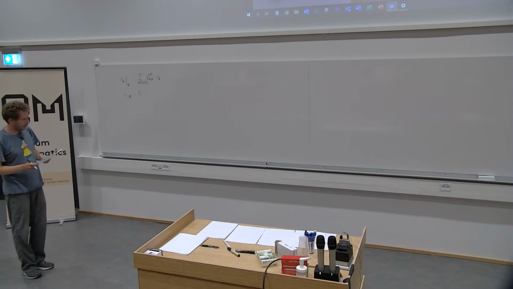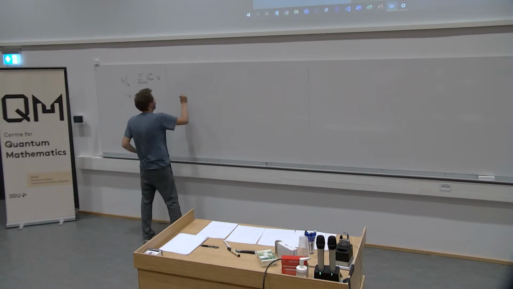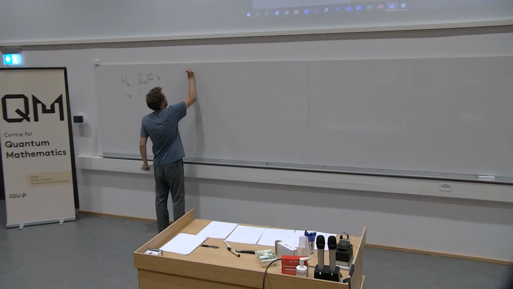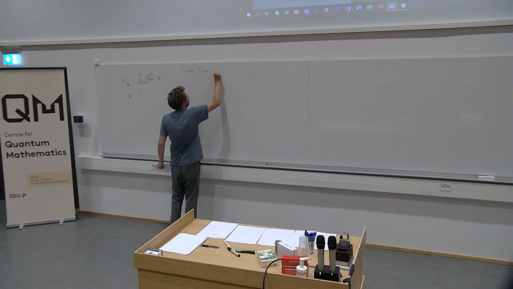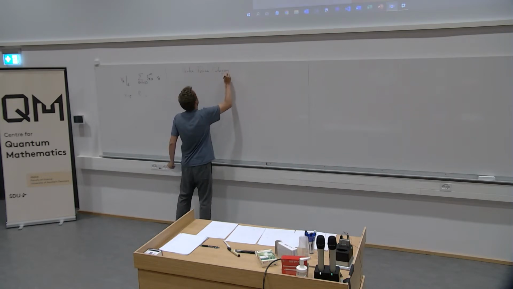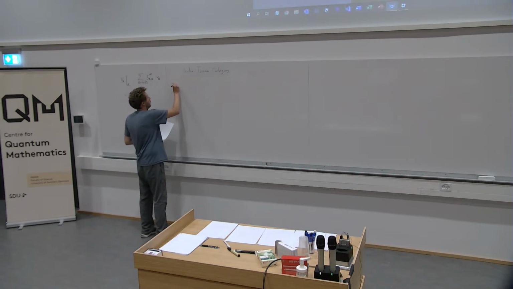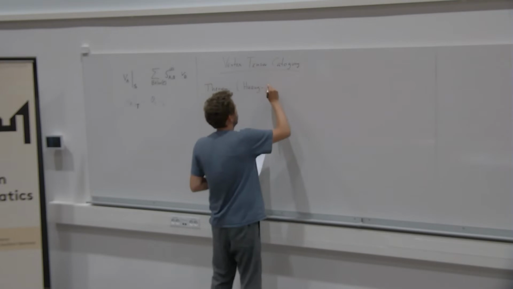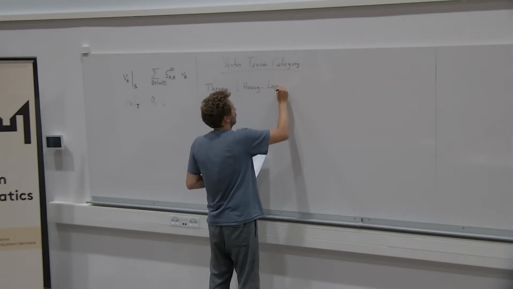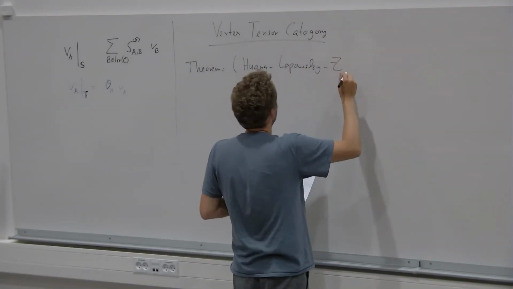Now the question is what does VOA know? And I will write down the main theorem. If you look at VOA literature and tensor categories, people always say there exists a vertex tensor category in the sense of HLZ.